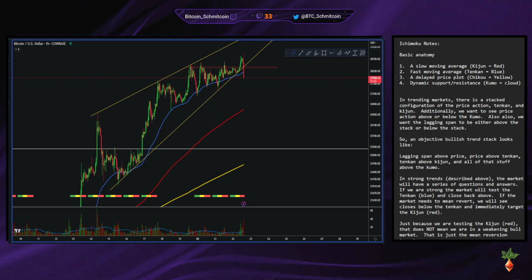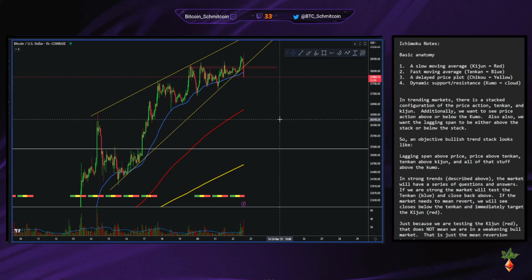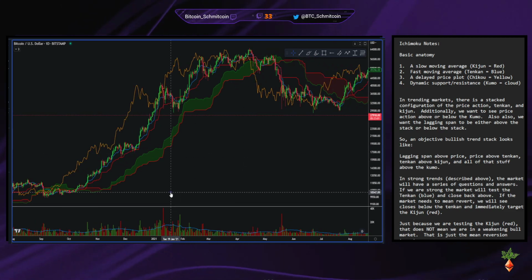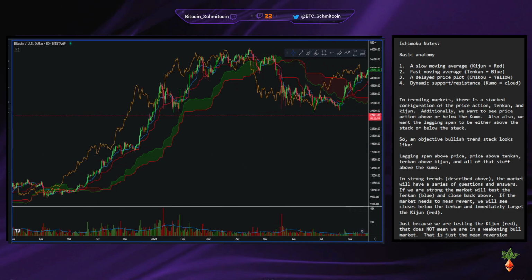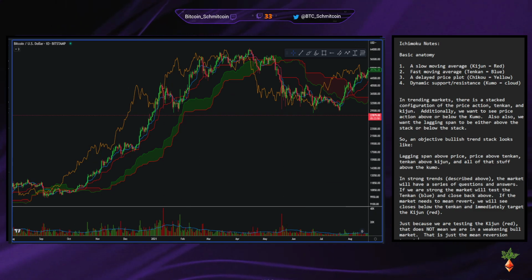Okay, any questions about the Ichimoku stuff so far? And of course, for bearish trends, it's the opposite, right? Now we can talk about some setups here.